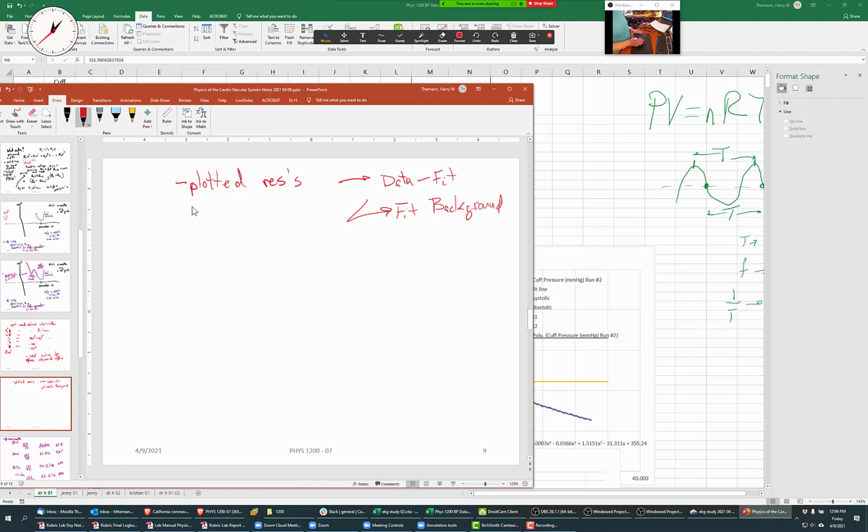So this ultimately is background subtracted data. And then we decided on the trigger points.